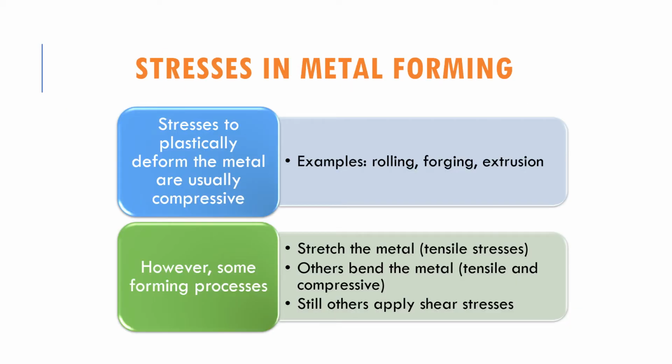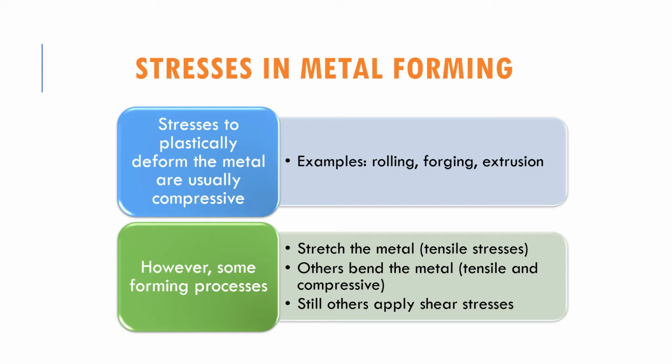In metal forming processes, we will need stress. In order for us to change the shape of the metal, the stress to plastically deform the metal usually is compressive. For example, in rolling, forging, and extrusion processes.